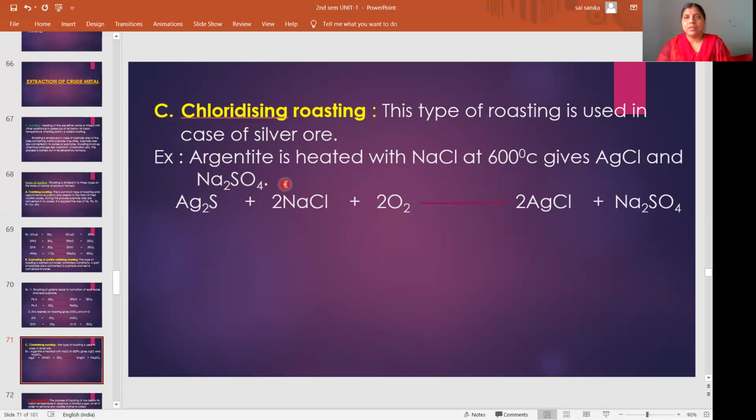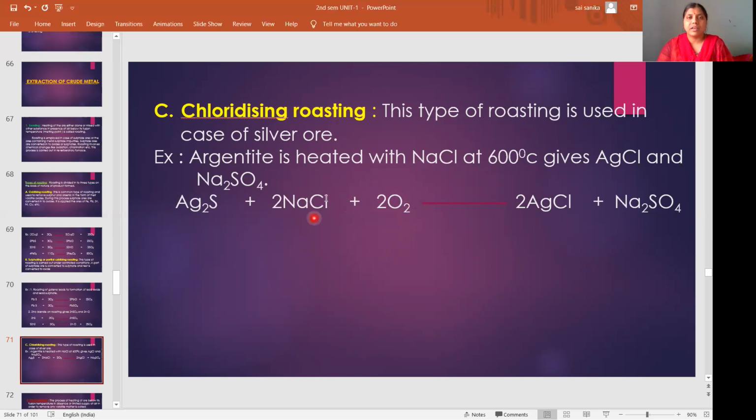So in the definition, at the starting itself, we said that ore is heated alone or by adding some other substance also we can heat. So in chloridizing roasting, we are adding some substance to the sulfide ore, then we are heating in the presence of oxygen.